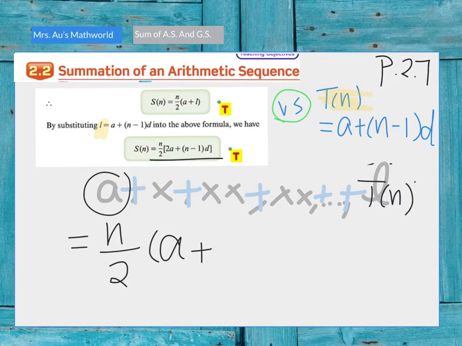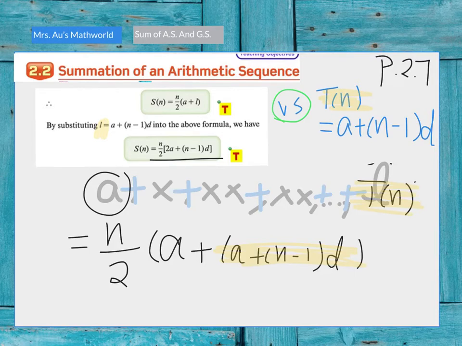Then you can know that it is n over 2 times a plus n minus 1 d, because it is the nth term, the formula of the nth term. But you may ask, Mrs. O, over there it says the formula is 2a, right?